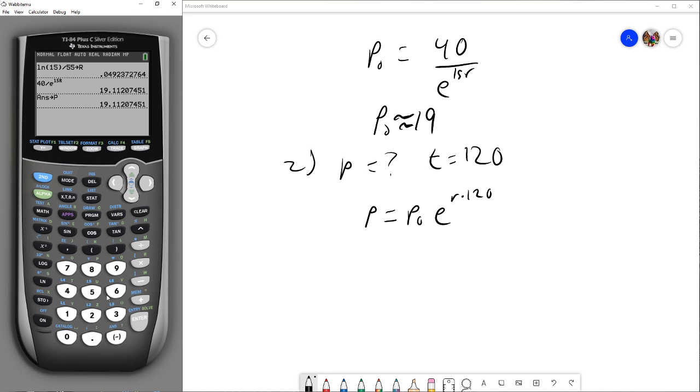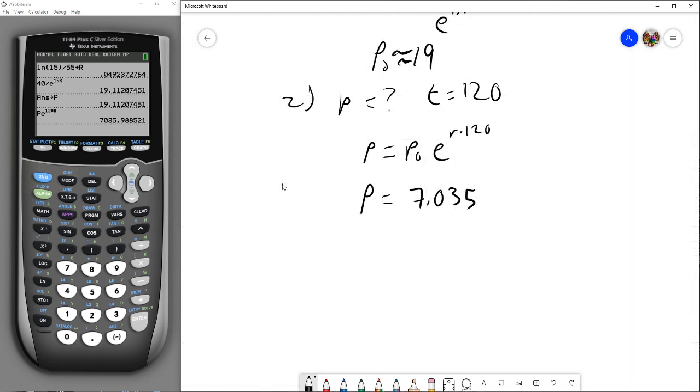So here's our P times e to the 120 times our r. So P will equal 7,035. Now just round it down because again, you don't want to have a partial bacteria, even though it's 0.98, almost 0.99.